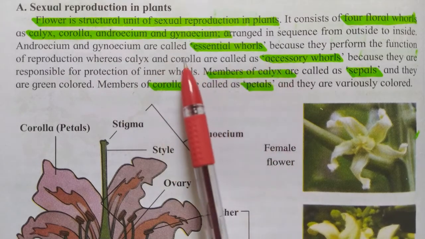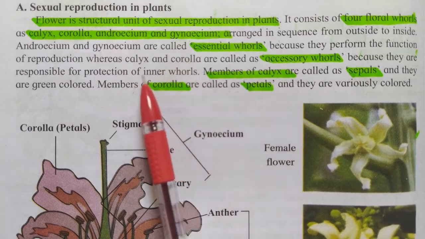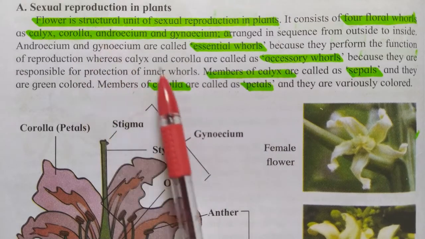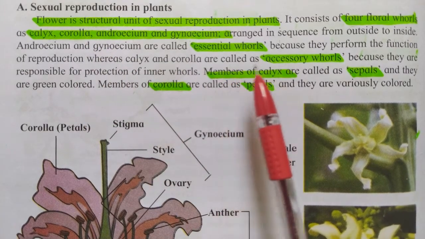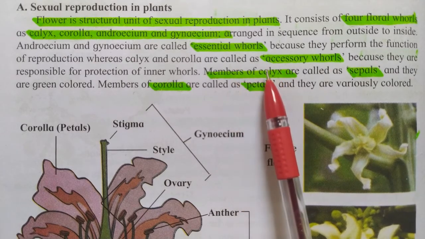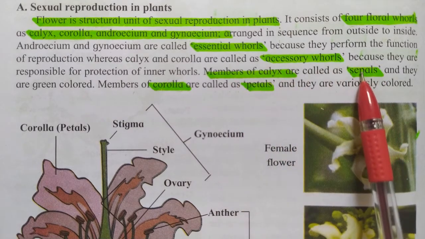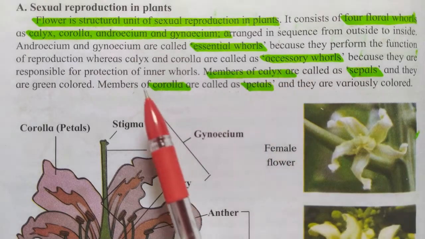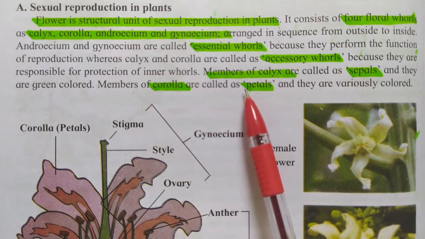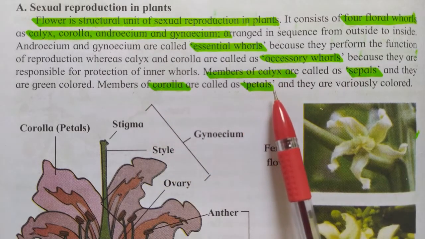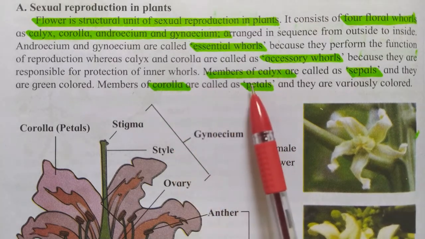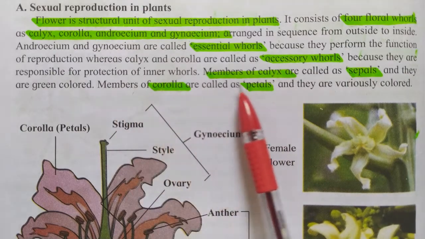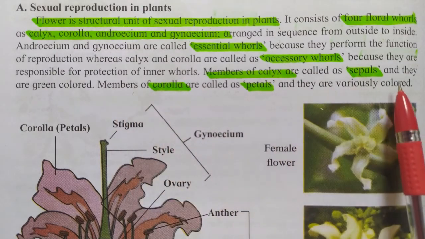So these two, calyx and corolla, protect the inner whorls, androecium and gynoecium. Now remember, members of calyx are called sepals and members of corolla are called petals, the petals of flowers. Members of corolla are variously colored, multicolored.